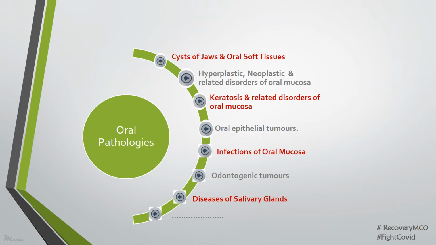So based on these various categories, lesions have been categorized as cysts of jaws and oral tissues, hyperplastic, neoplastic and related disorders of oral mucosa, keratosis and related disorders of oral mucosa, oral epithelial tumors, infections of oral mucosa, odontogenic tumors, diseases of salivary gland, and so on.